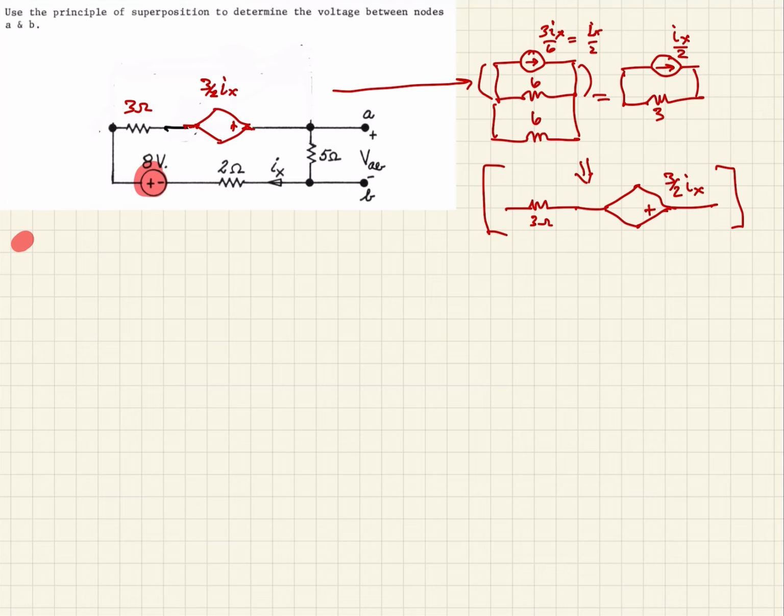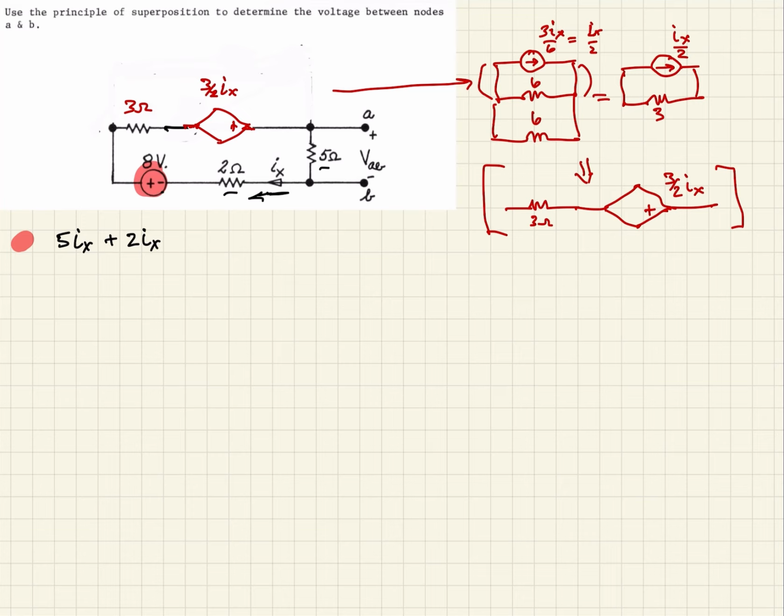So now we can write the loop equation, and when we do that, we see that ix is the current flowing around the loop now. It goes all the way around the loop. So everything's in terms of ix. So now we have our 5 ohm resistor, so that'll be 5ix. Then we have our 2 ohm resistor, it's going to be 2ix. We have our 8-volt source.